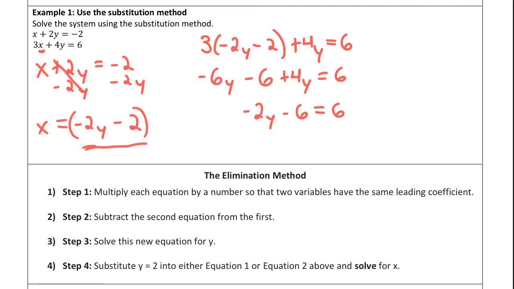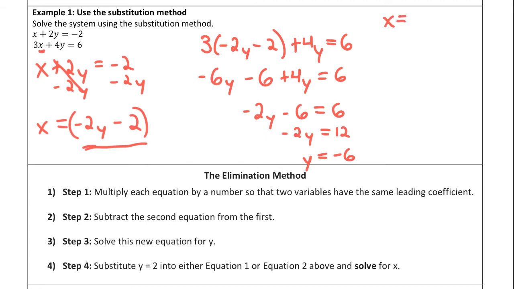I can add 6 to both sides. This becomes negative 2y equals 12. And then finally y equals negative 6. So that's only half of my solution. I've got to find the x value of my solution. So what I do is I'm going to take this negative 6 and I'm going to plug it into the equation that I solved for x, that x equals equation.